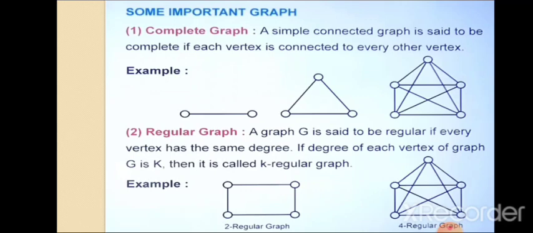So the degree of each vertex here is 2, so it is a 2-regular graph. And similarly, in this example also, we will see that it is a 4-regular graph because the degree of each vertex here is 4. For this vertex it is 1, this is 1, this is 2, and this is 3, and this is 4. So it is a 4-regular graph.